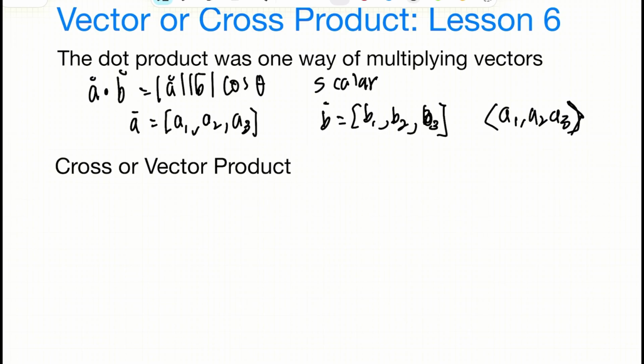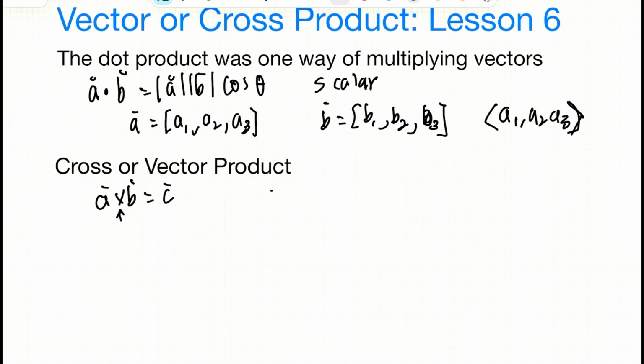Now the cross product you can also think of as a form of multiplication. It's probably more closely associated with it because it does have a direction. So A cross B, this is not a multiplication sign here, it's a cross product or the vector product.